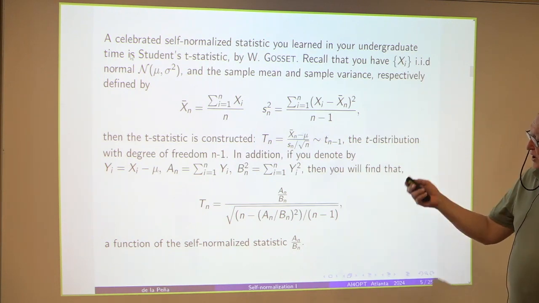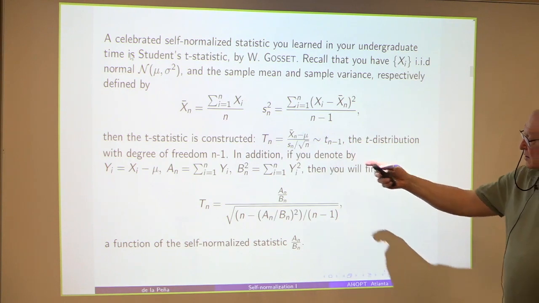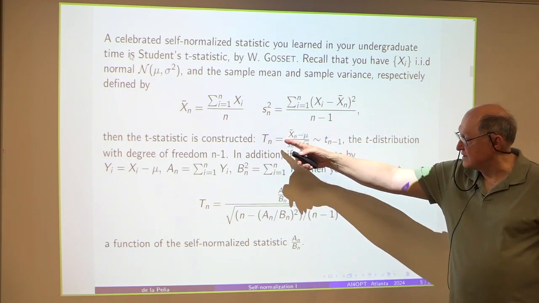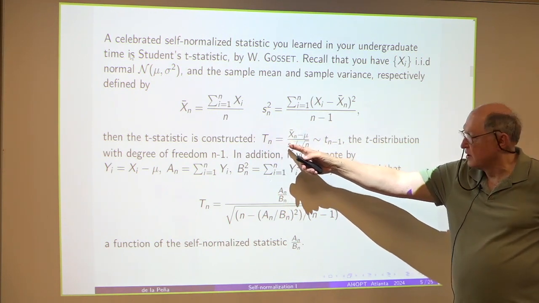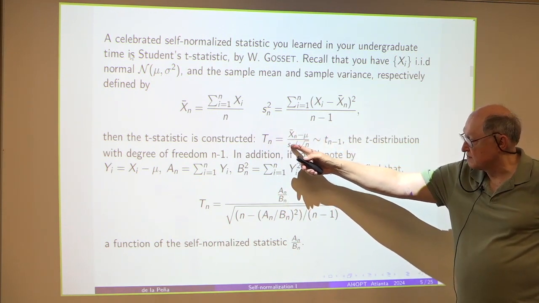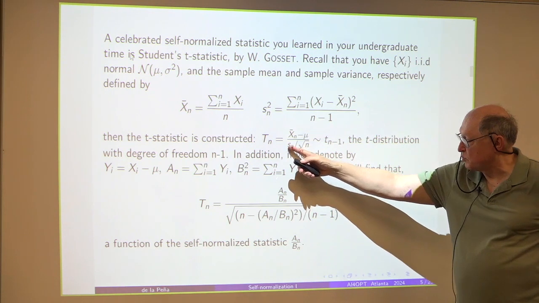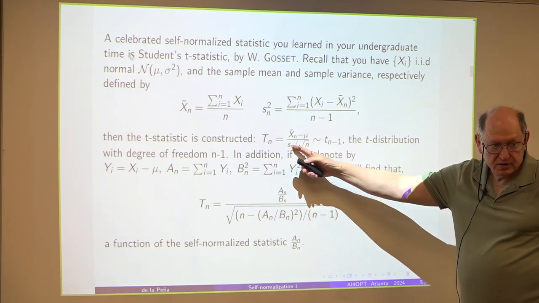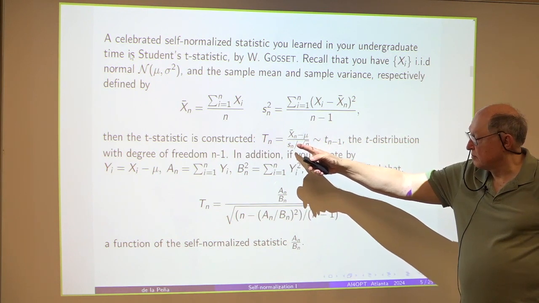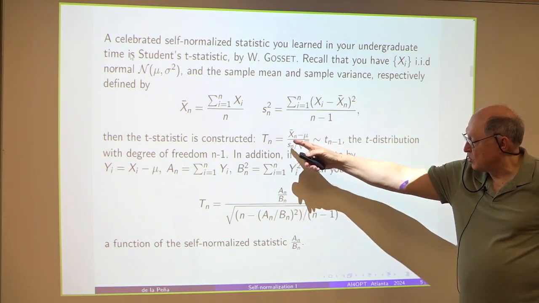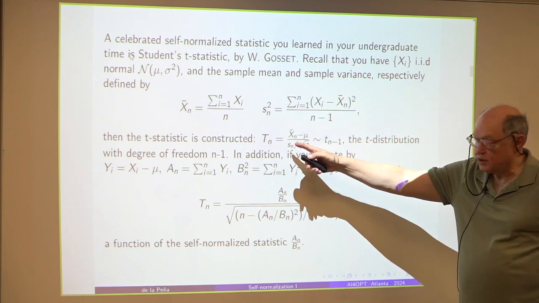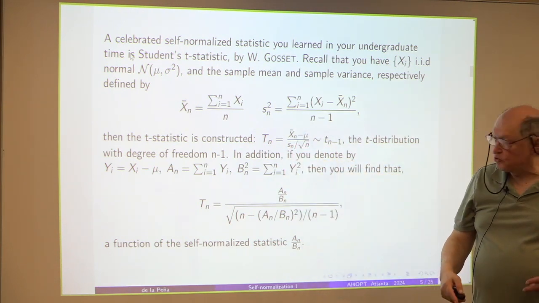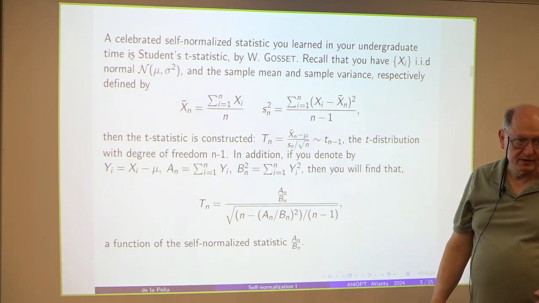So Gosset replaced the population variance, which the normal curve uses, when I put the population standard deviation here. Yes? What Gosset did, he found a way of not needing the variance. So this allowed things to be data-driven.